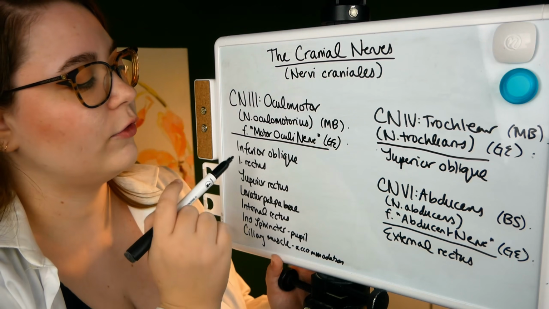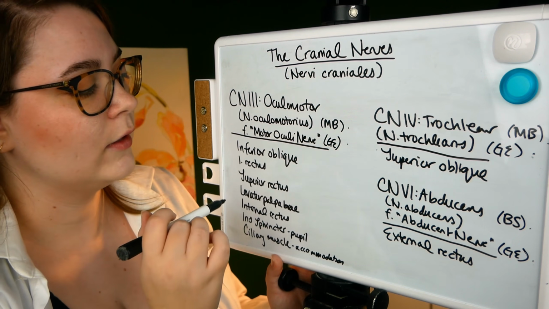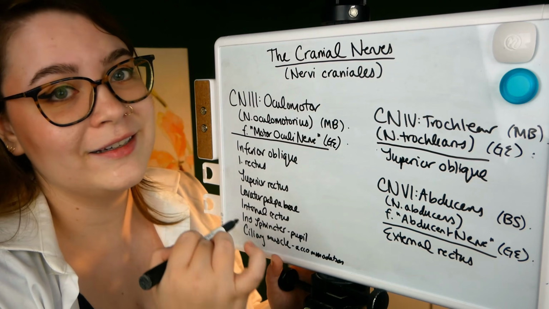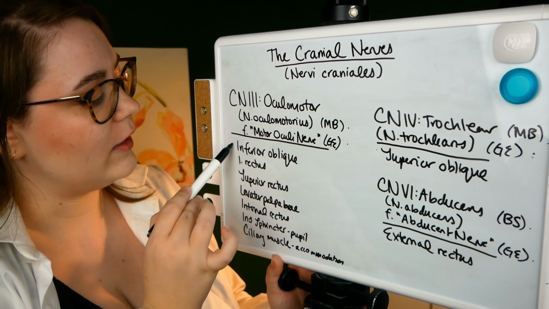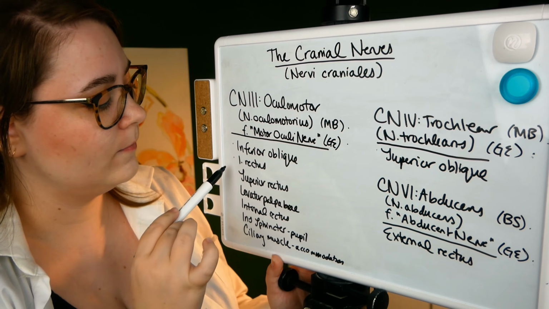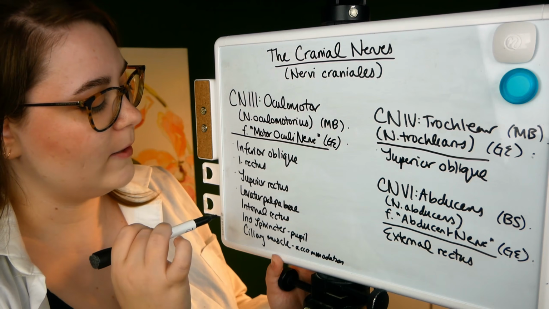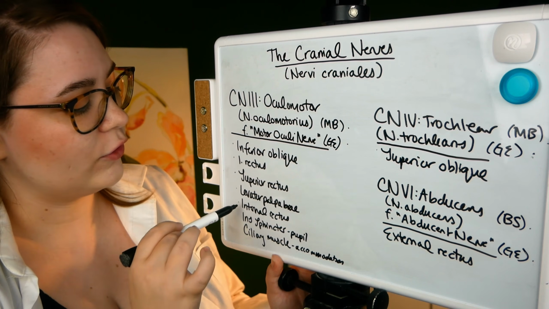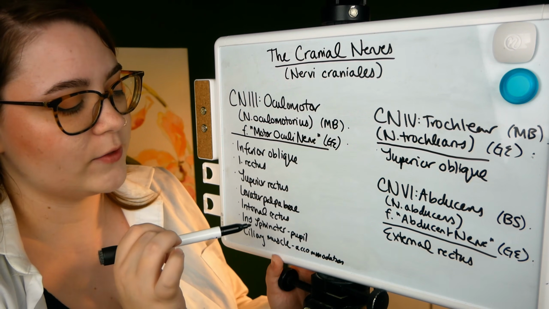So cranial nerve 3, formerly the motor oculi nerve, this controls a whole lot of muscles. We have the inferior oblique, inferior rectus, superior rectus, levator palpebrae, the internal rectus, the iris sphincter muscle.